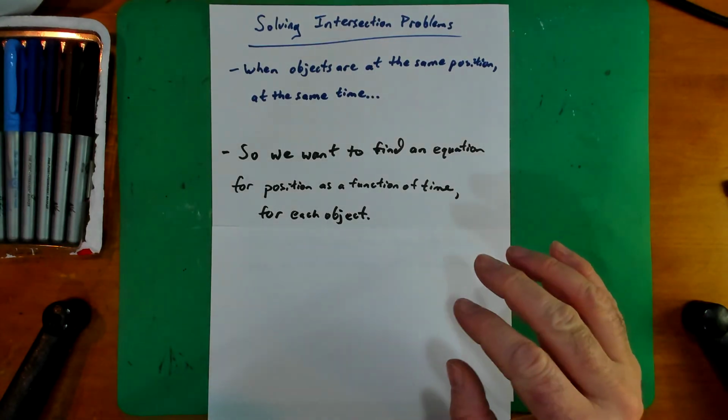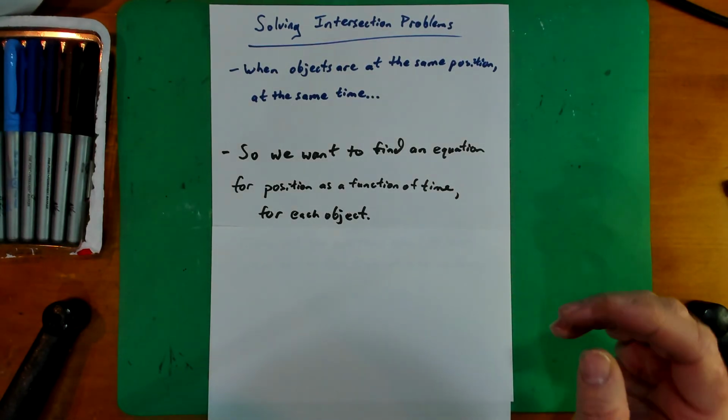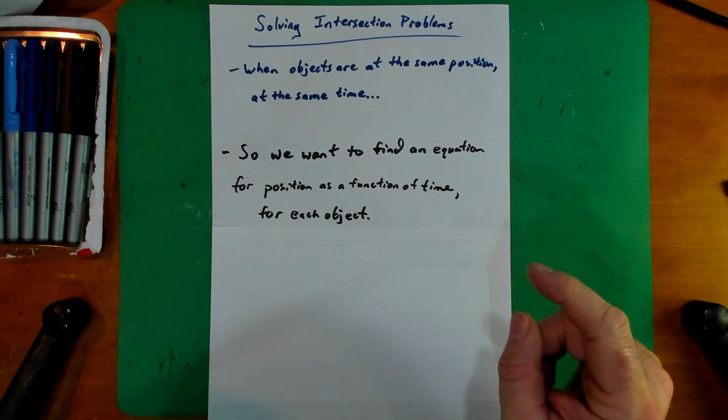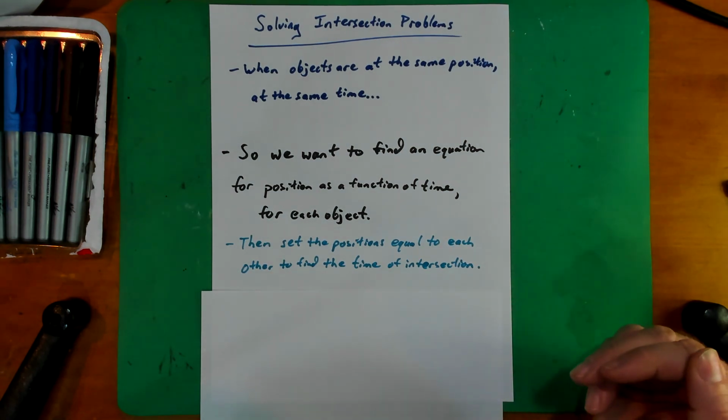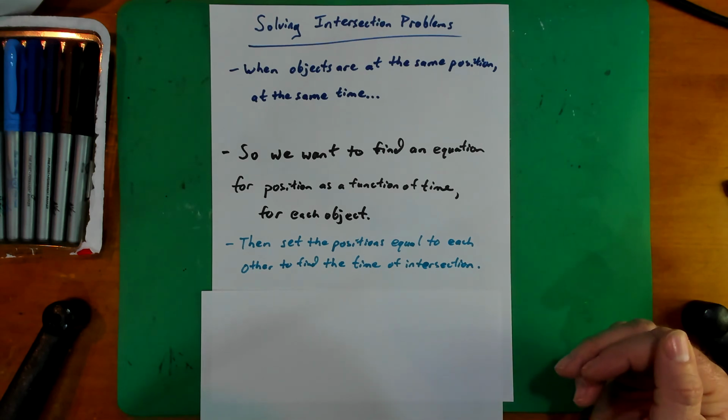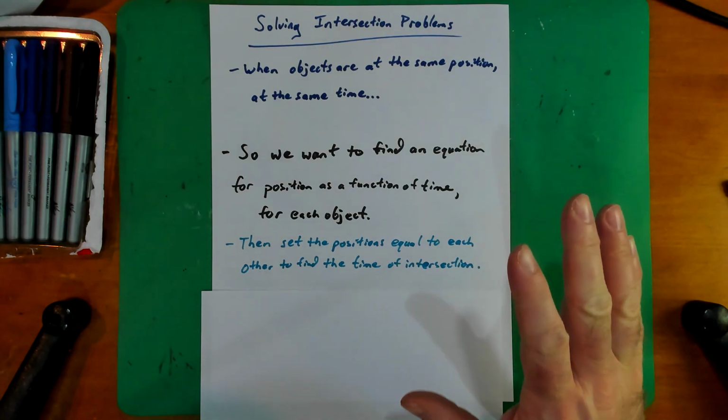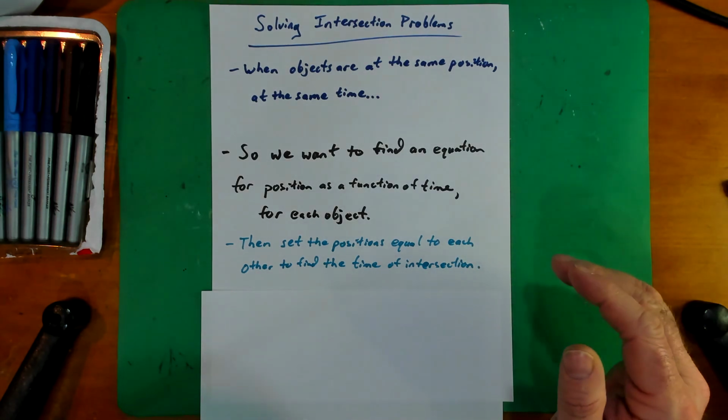Then we're going to set those two positions equal to each other, and then we can find the time when they intersect. That's the general idea of what we're trying to do.